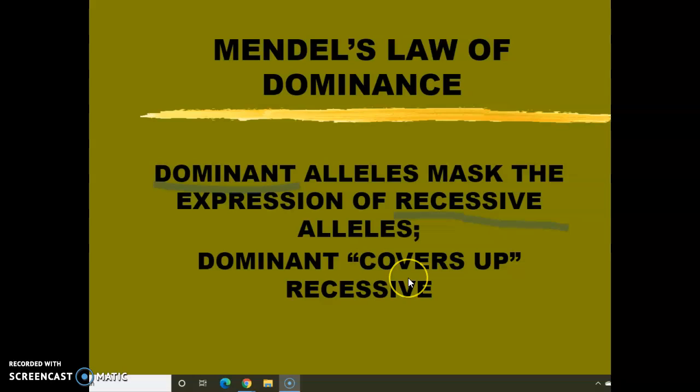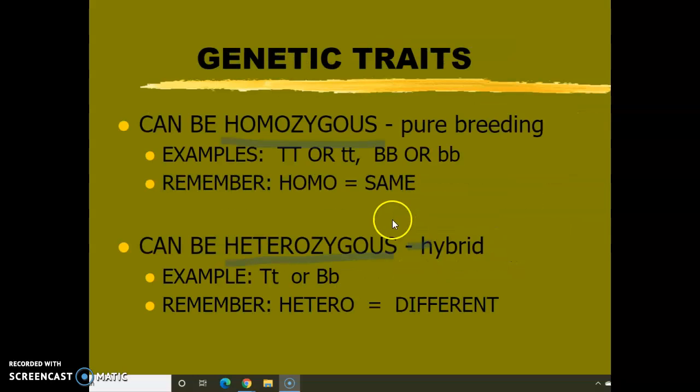Now, these traits can be what he called pure breeding, and examples of that, number 12, big B, or little b, or big T, or little t. Just put an example in there. Or they can be heterozygous, and that means different. That means you get one of each. So that could be big B, little b, or big T, little t, or many other combinations that we'll get to in a day or two.